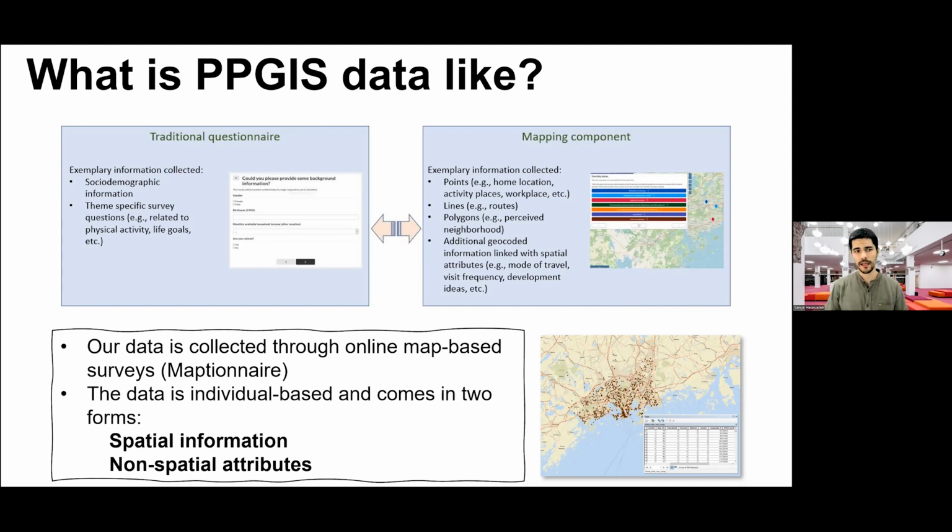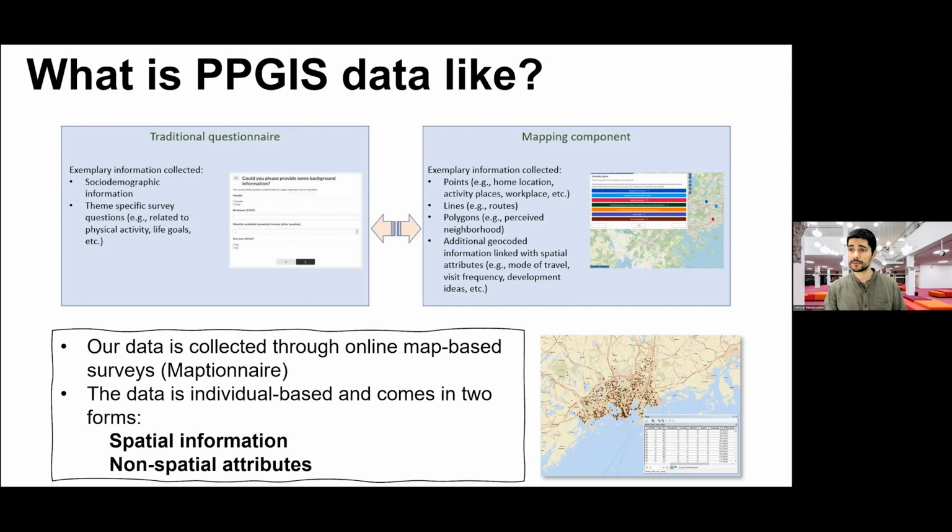But very often in the traditional questionnaire side of the survey, we ask people about their socio-demographic background, and we usually have some theme-specific survey questions. And in the mapping part, we often ask people to map, for example, their home locations and their workplaces. In many cases, we want to study people's mobility or accessibility to different places.